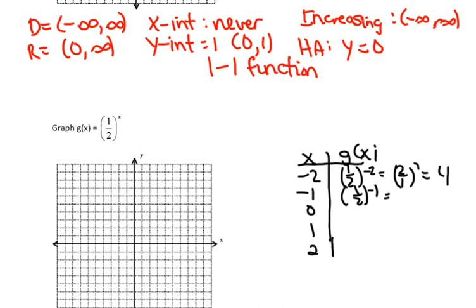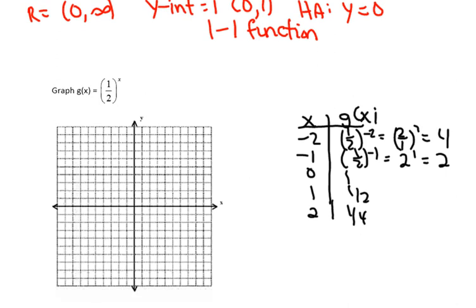Similar argument for the -1. That's the same thing as 2 to the first, which is 2. Plugging in 0, that's still 1. And we have 1/2, and 1/2 squared is 1/4, 1/2 times 1/2. Similarly to what I did above, I'm going to change the y to g of x, and I'll label these as such.